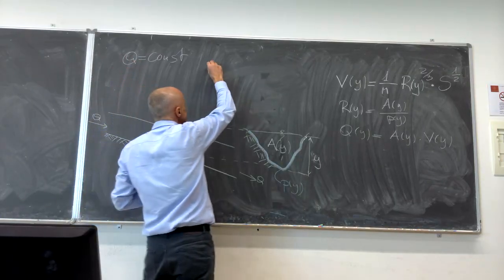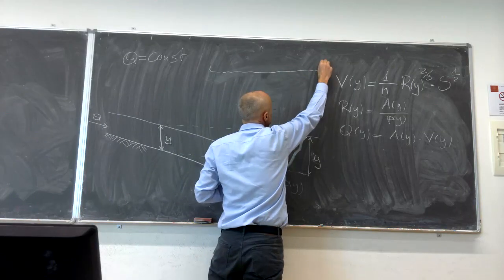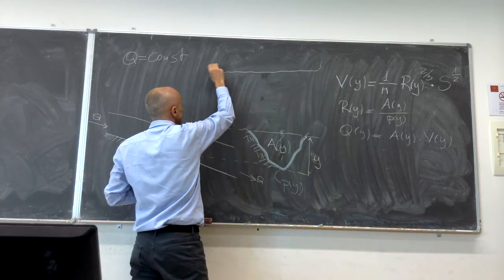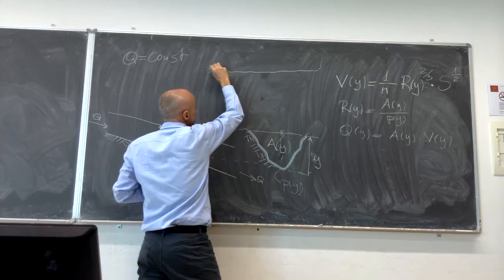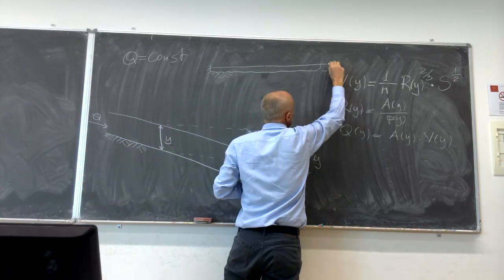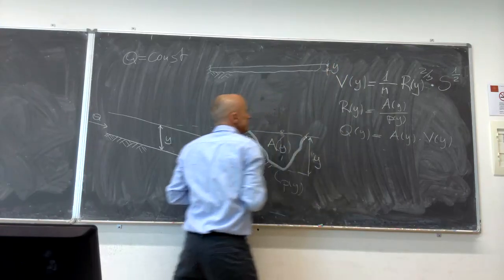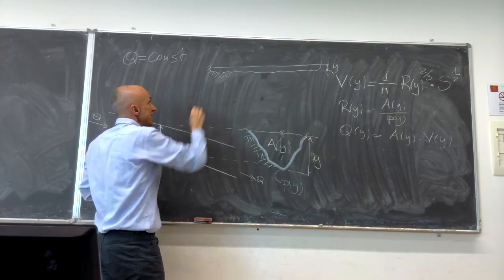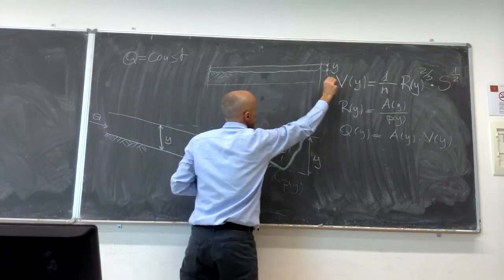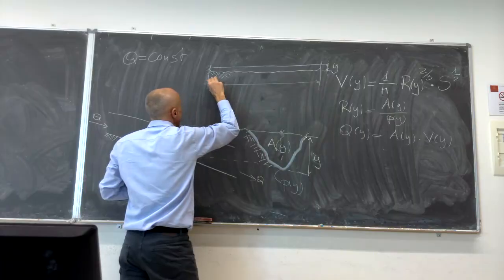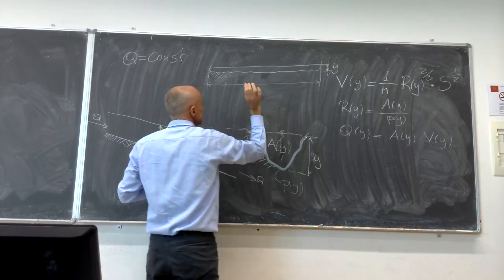So this is y, the water depth, and this is width. I will call it, there's no indication, so I can go like B. With B much larger than Y. This is very common in all natural streams.